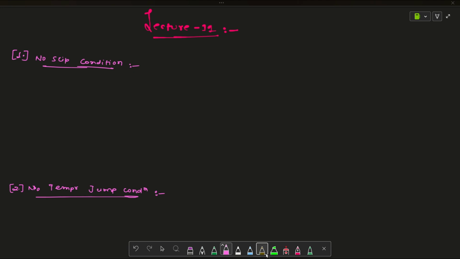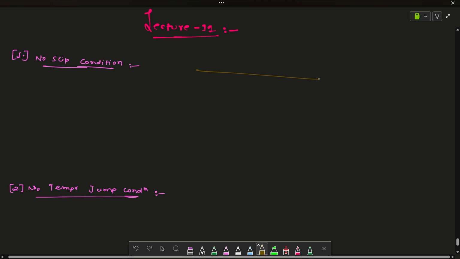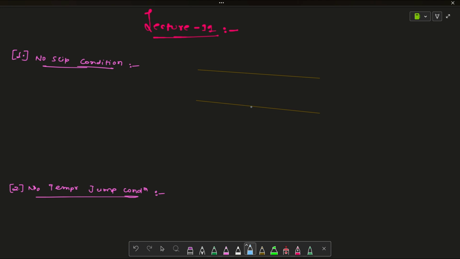Let's suppose I am starting with an example. We are taking a case of pipe flow. Now a pipe is there, right?